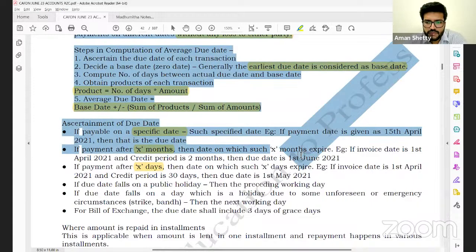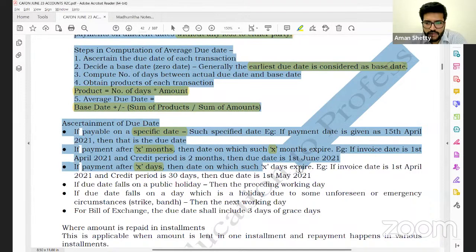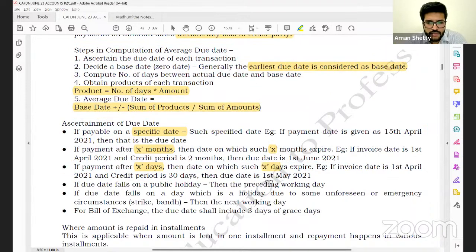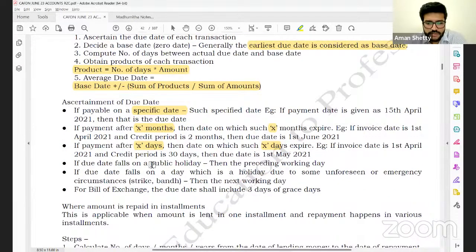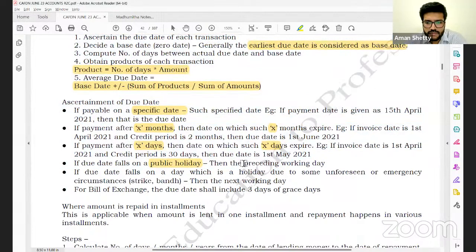Example, if invoice date is 1st April 2021 and the credit period is 30 days, then due date is 1st May 2021. If due date falls on a public holiday, then the preceding working day. If due date falls on a day which is a holiday due to unforeseen or emergency circumstances, strike, bandh, then the next working day. For bills of exchange, the due date shall include 3 days of grace.